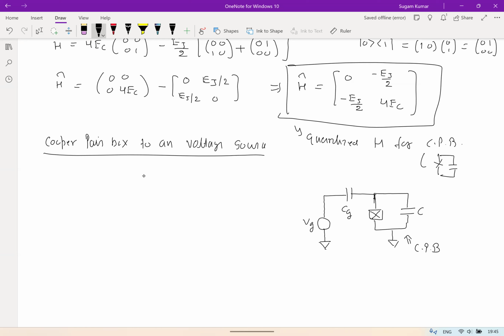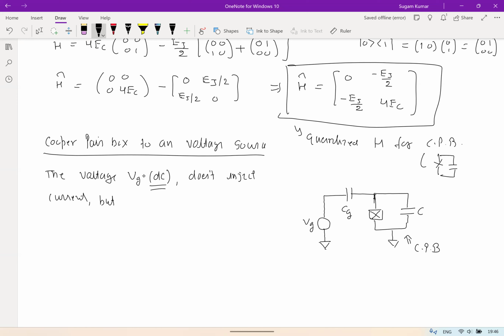Now see what's going to happen here. When you apply some voltage, maybe you can write it down better. The voltage which I call VG, which is DC in nature, doesn't inject current, because this is a DC voltage and you have a capacitor here. So this capacitor will not allow the DC current to pass through.